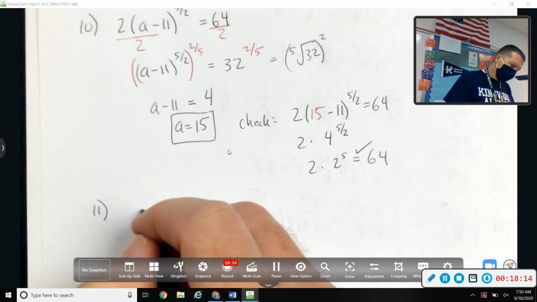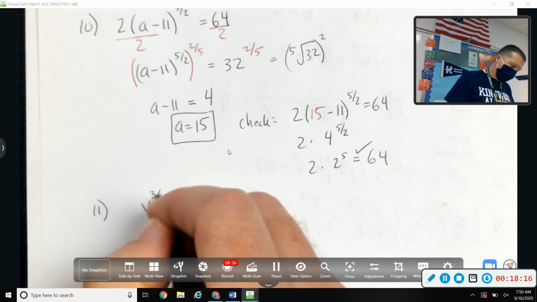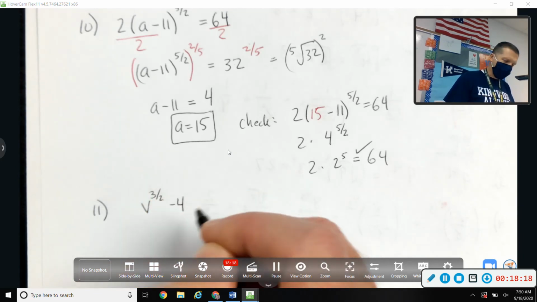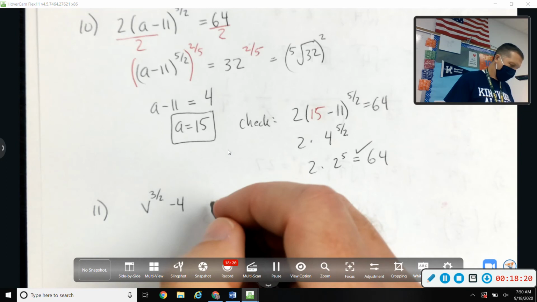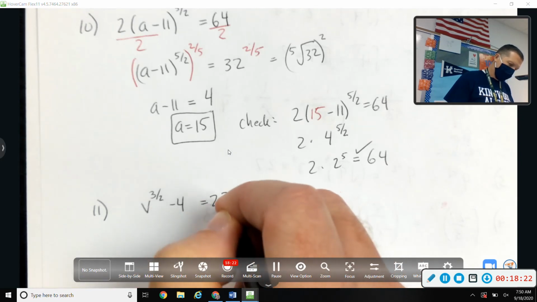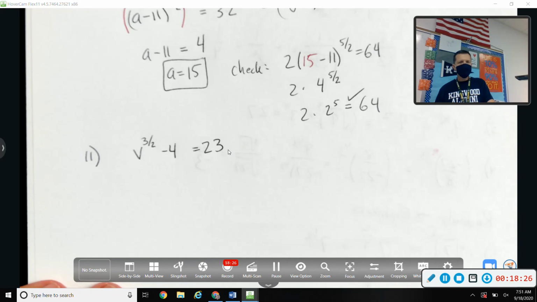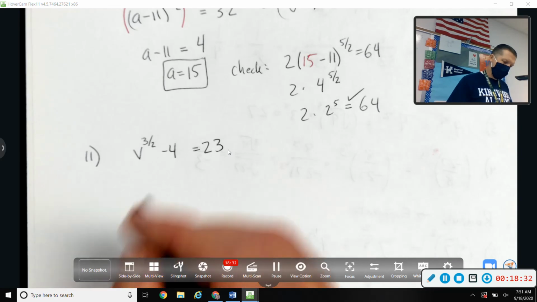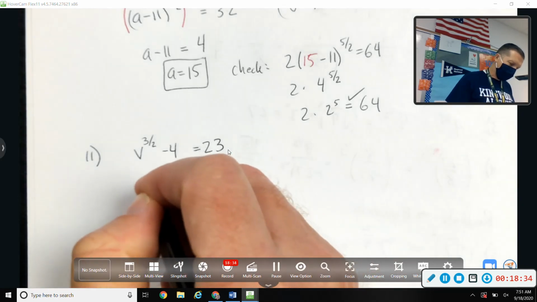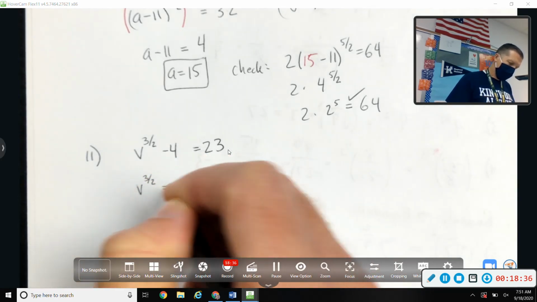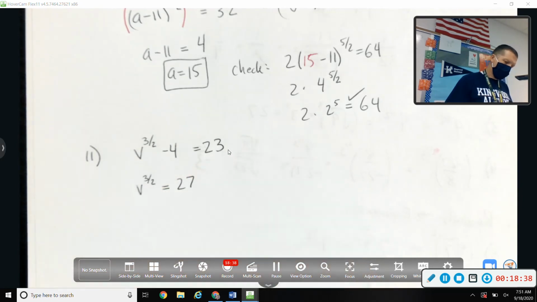Let's do one more. V to the 3 halves minus 4 equals 23. Well, add 4 to the other side. So 27.